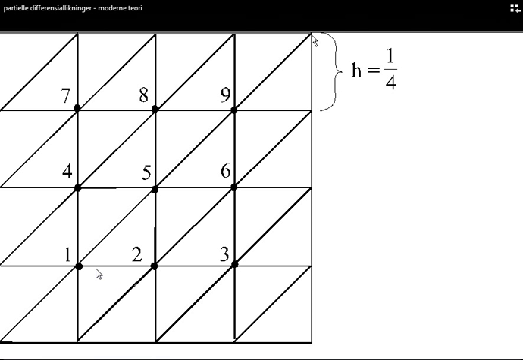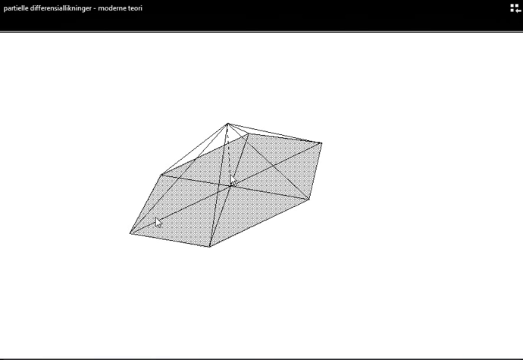If we have N equal to 3, then we get this triangulation. In this case, the length here is equal to 1 over 4. Here I have illustrated these basis functions.